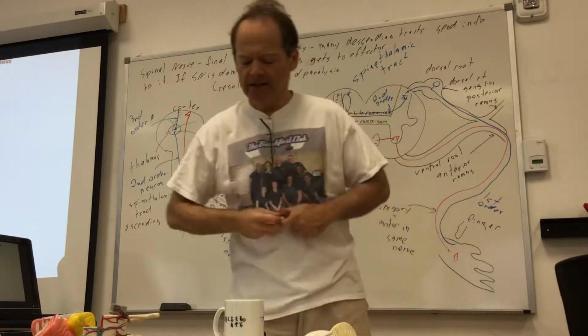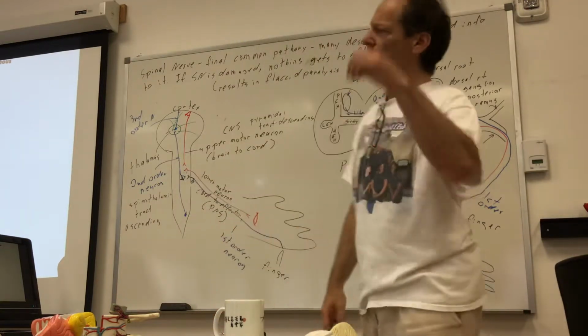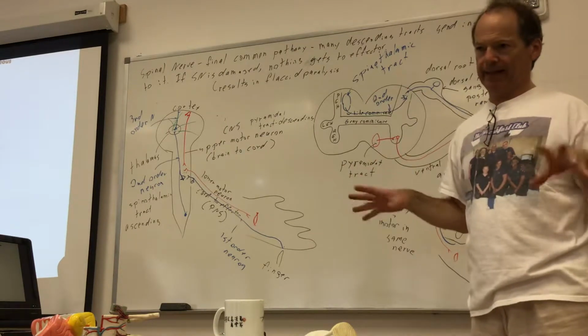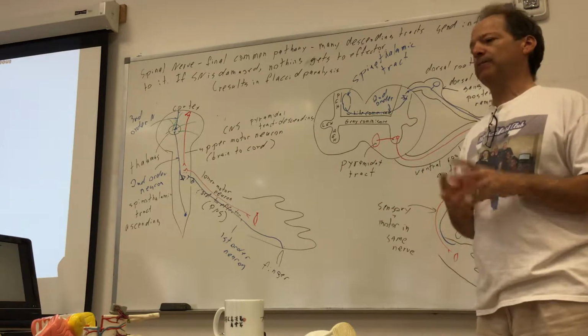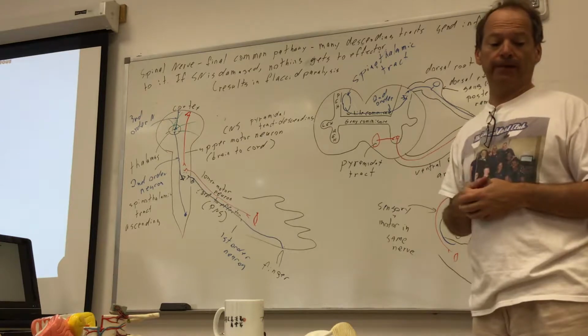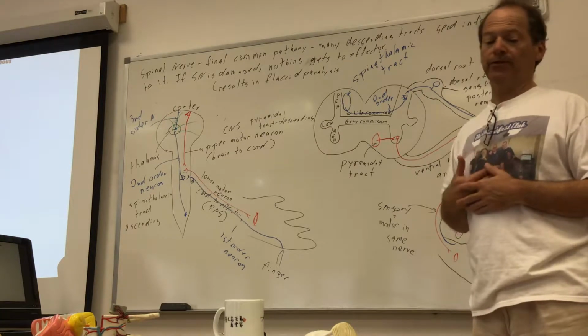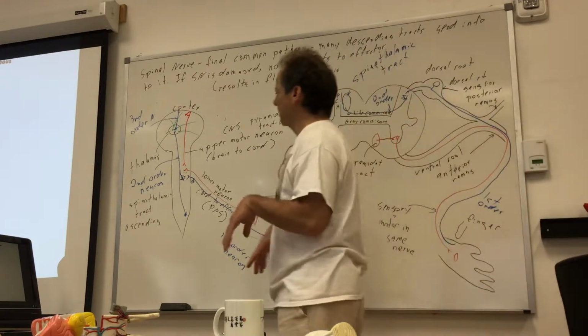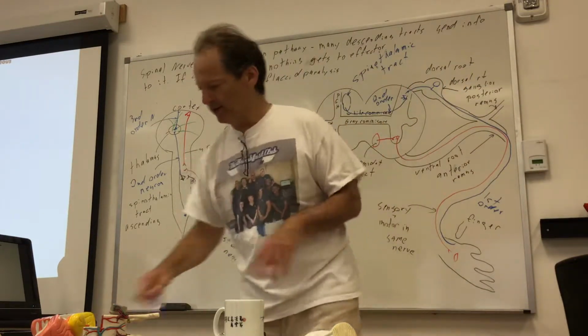Flaccid paralysis simply means that you got no power at all. It's like the muscle is just dead. You can think of this as people who have spine injuries, or no, that's not a good example. People who have polio. Polio would be a good example of this.